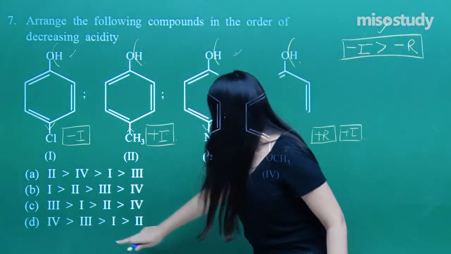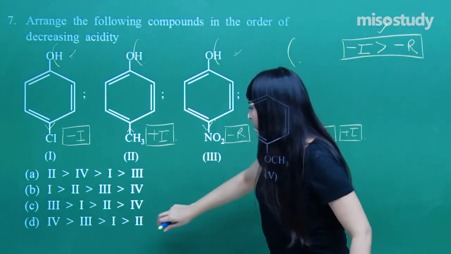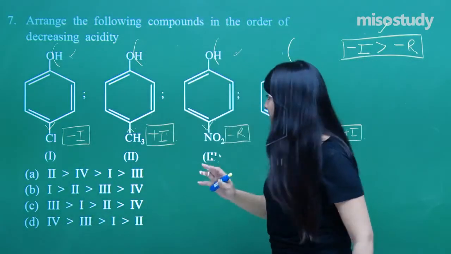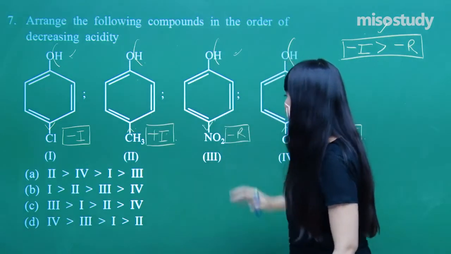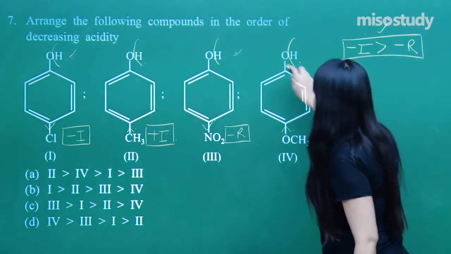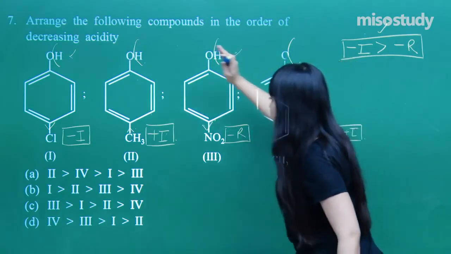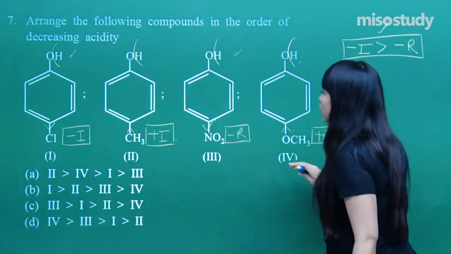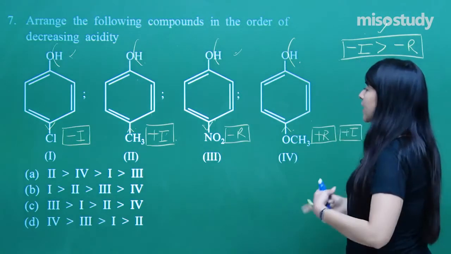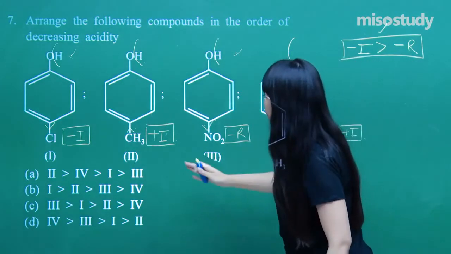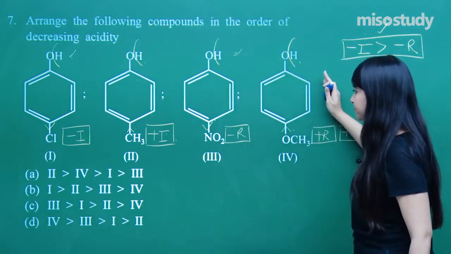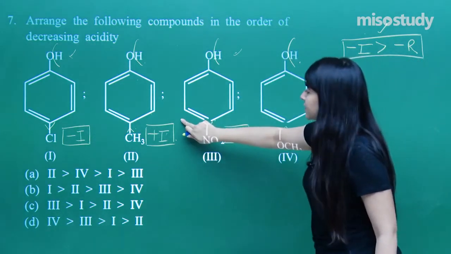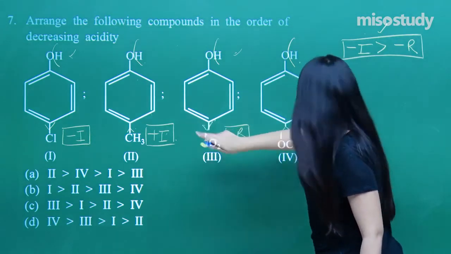That means I have got the option over here, now arrange the following in the order of decreasing acidity. Least acidity would be in the case of the second one and the fourth one. So out of second and fourth, which would be more acidic, this or this? Naturally this is showing the plus R effect and this is showing the plus I effect.